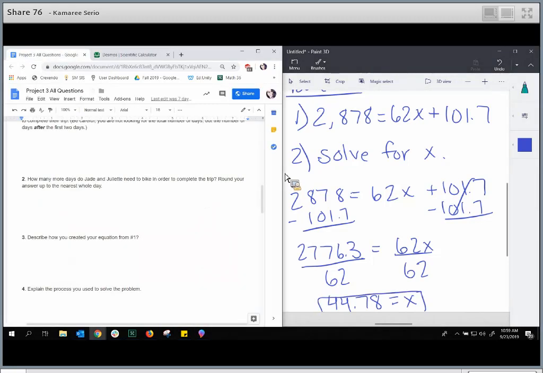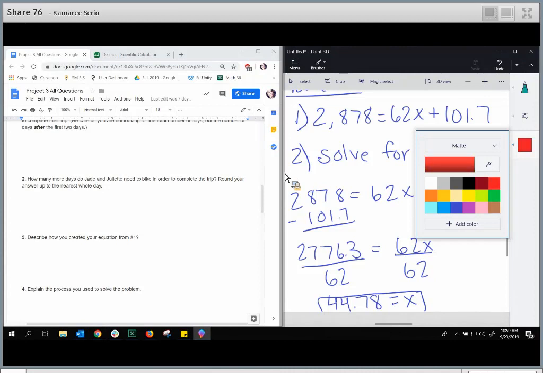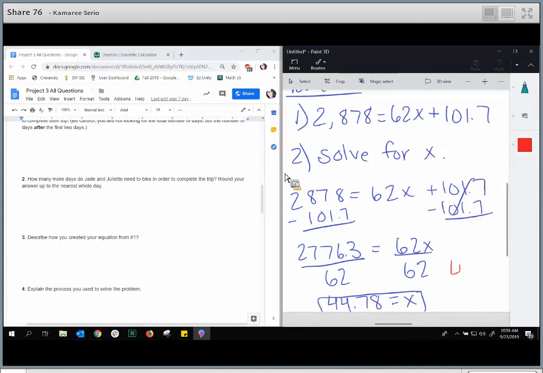However, if you notice, it wants us to round your answer up to the nearest whole day. So if I round it up to the nearest whole day, it would take about 45 more days.